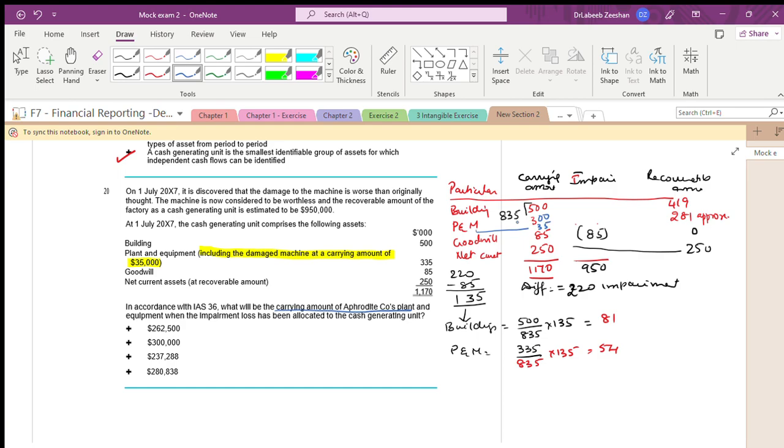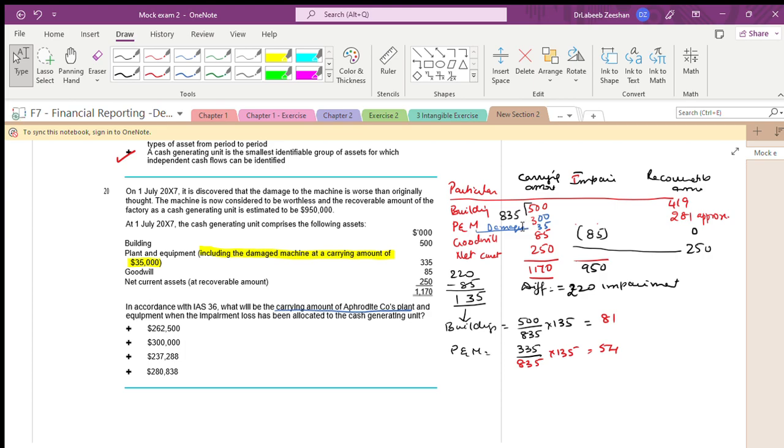Okay, another one is how much? 35. This is the damaged one. Now you have the goodwill. What is the balance amount? 135.